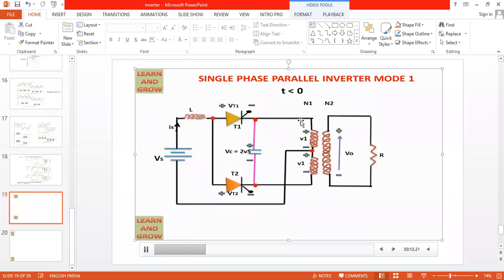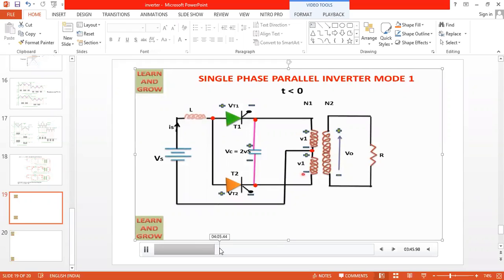From T1 to the upper winding, you write U1 and U2, U1, and from U1 to the common point. This red point is called the common point, you can label it as point O, and from point O it comes back to Vs minus.